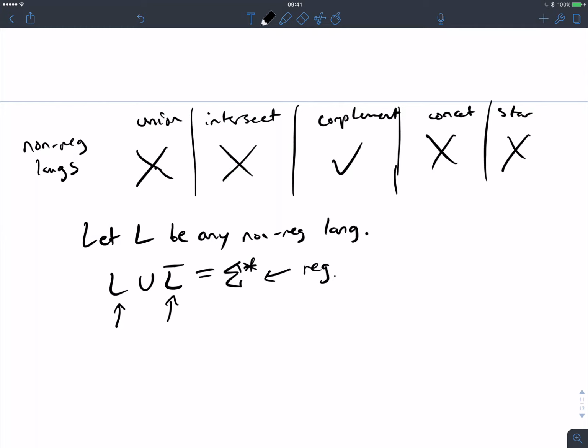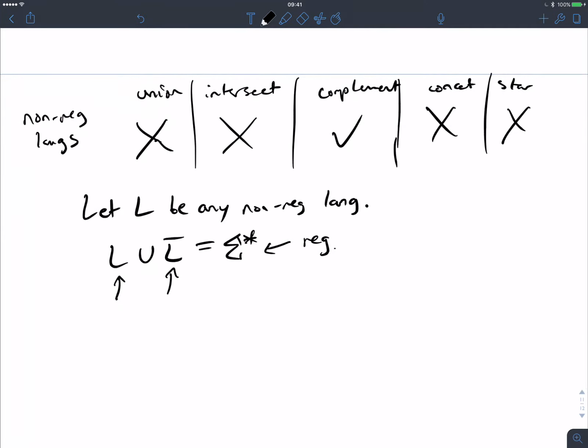The idea for concatenation is that you ensure they contain enough strings so that when you concatenate them together, you'll have a chain of unions such that their union contains sigma star, and therefore it's everything. But I don't have any examples offhand. I can look it up when I get back. And star will work almost the same because it's just repeated concatenation.